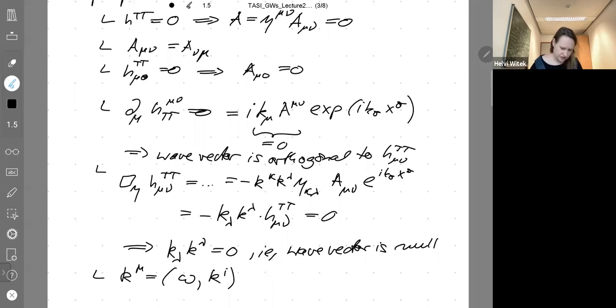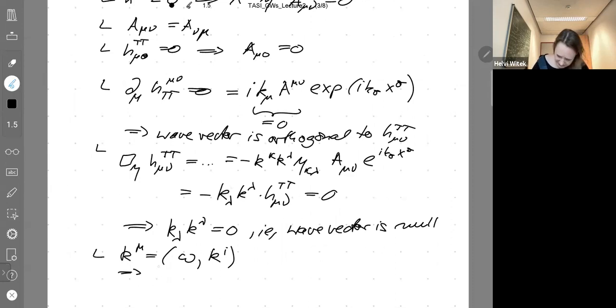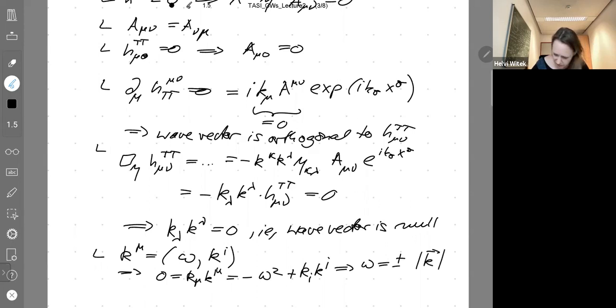The fact that the wave vector is a null vector implies that minus omega squared, minus the frequency squared, plus the norm of the spatial wave vector squared equals 0, or in other words, the frequency equals plus or minus the spatial norm of the wave vector.